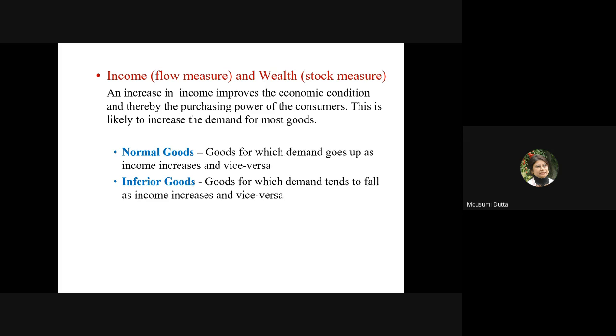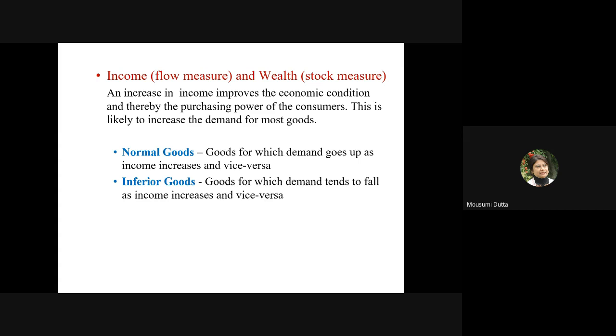The next important external determinant is income and wealth. An increase in income improves the economic condition and thereby the purchasing power of consumers. We defined the purchasing power as income deflated by price.